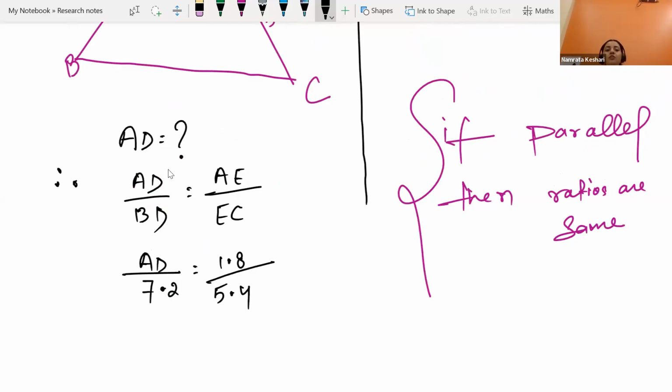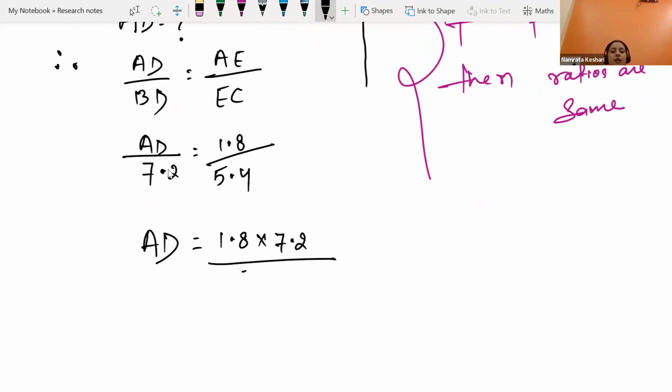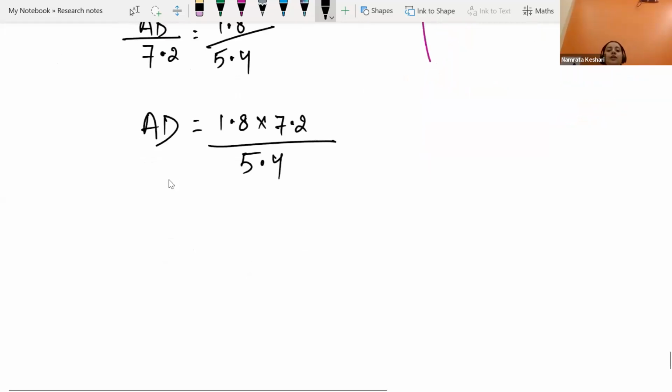Now we need to find AD. This 7.2 will go to the other side and get multiplied with this 1.8, and in the denominator we have 5.4. Now we can try doing the simplification by removing the decimal.